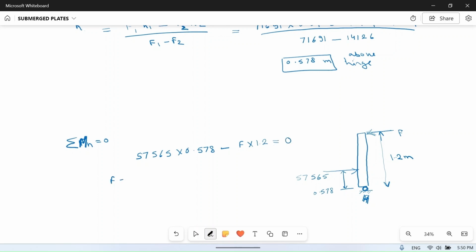So F is equal to 57565 into 0.578 divided by 1.2.